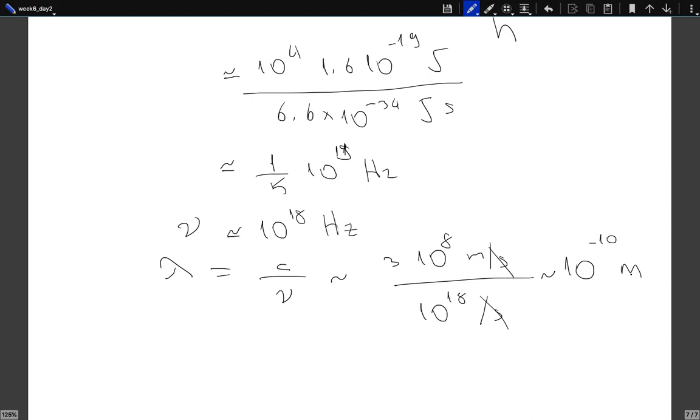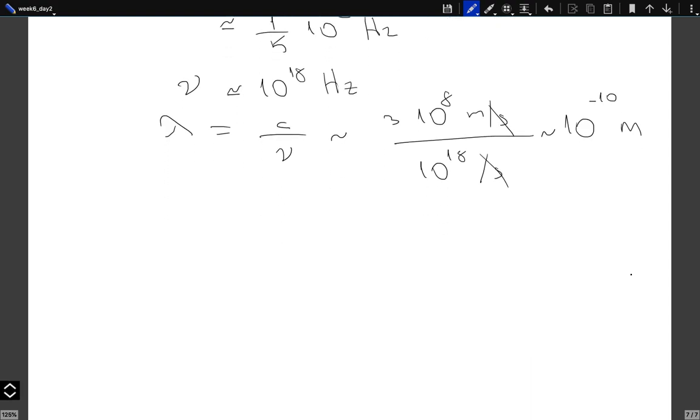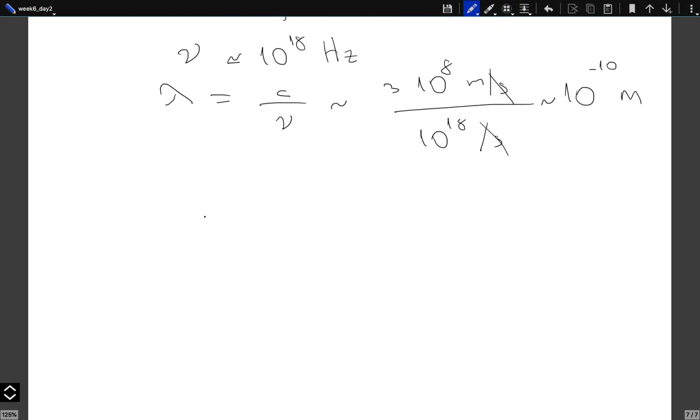So how can you determine the wavelength of an electromagnetic radiation, of light? Well, the easiest way would be interference.